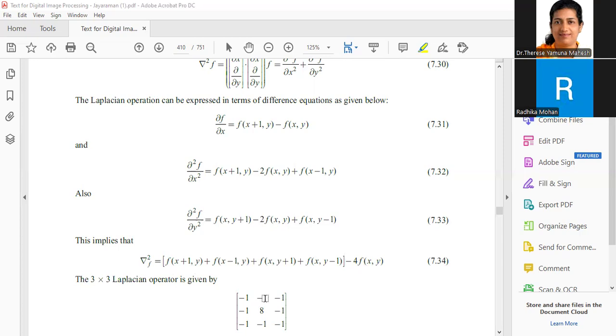Then x comma y plus 1, and x comma y minus 1, this pixel. So you have coefficients of all these 4 neighbors as minus 1, minus 1, minus 1, minus 1 in this derivative, and the central value will be minus 4.